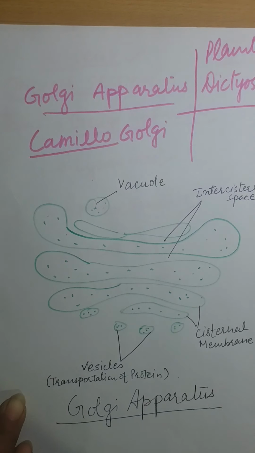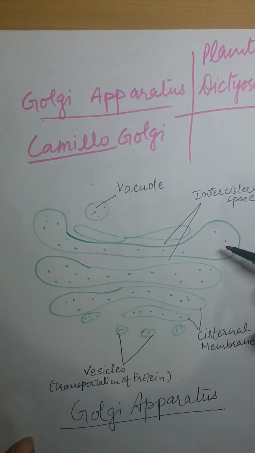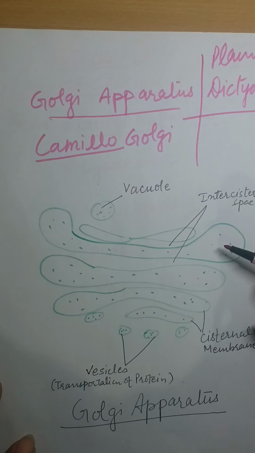So, what is the use of these Golgi apparatus? What do they actually do? They are all double membrane structures. Whatever protein is synthesized by the ribosomes of rough endoplasmic reticulum, which we have studied in the last class, is pinched off from the rough endoplasmic reticulum and received by the Golgi apparatus.